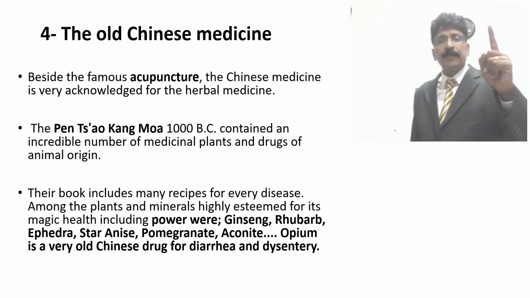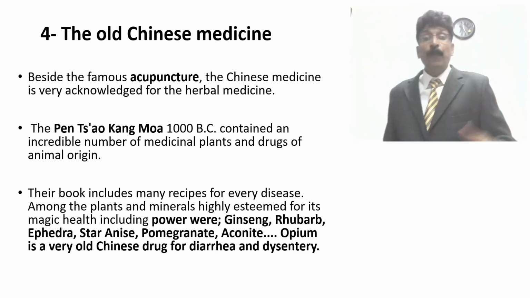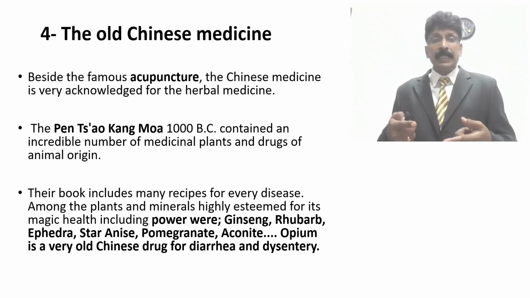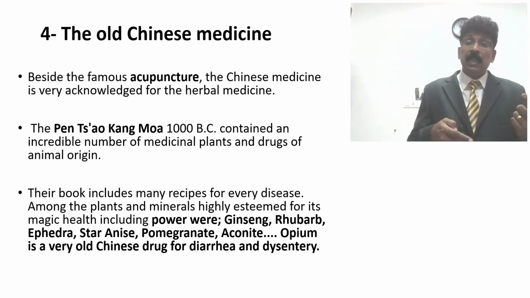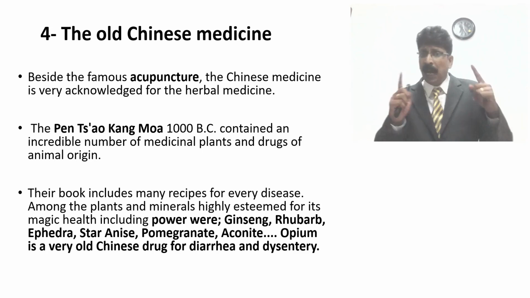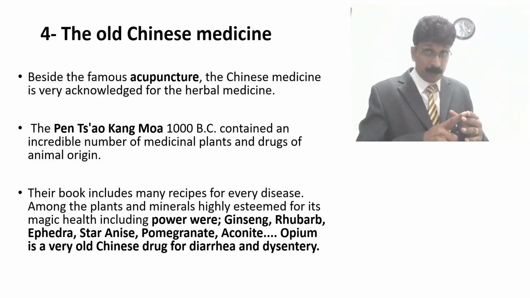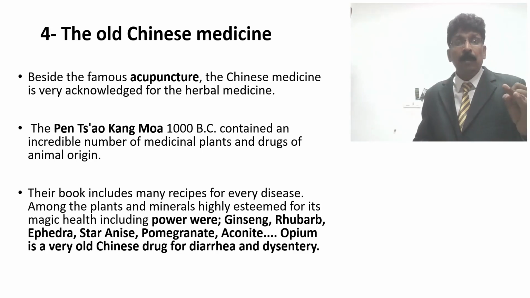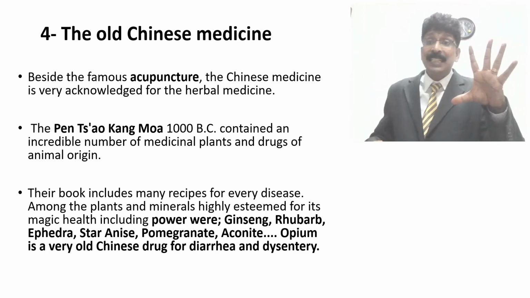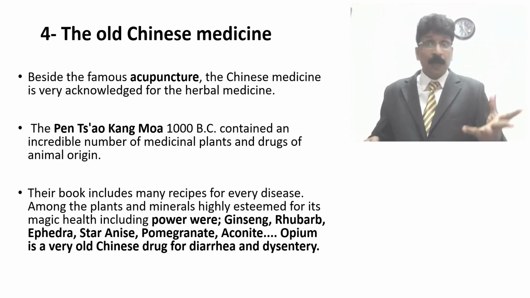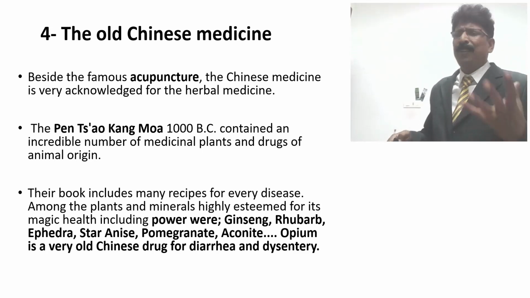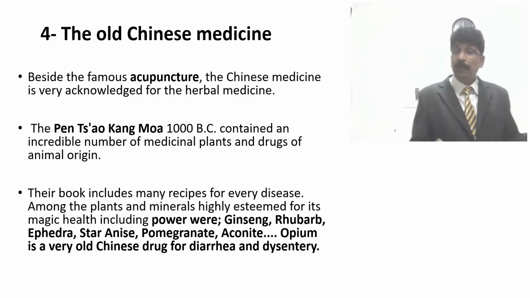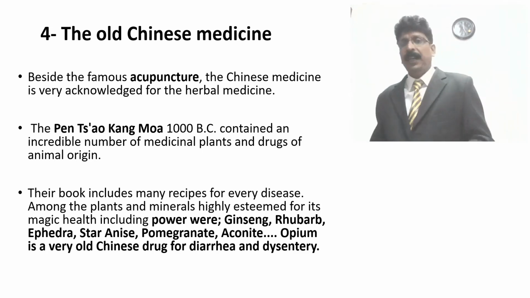Their books include many recipes for how to make these drugs, for every disease, among the plants and minerals, highly regarded for their magic healing and health power, like ginseng, rhubarb, ephedra, star anise, which we are using most of the drugs, pomegranate, the fruit which is very costly and very useful, very medicinal, aconite, and opium, one of the medicines which they used for diarrhea and dysentery. Even in India also we are using that.